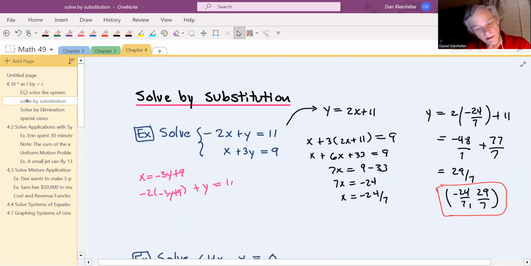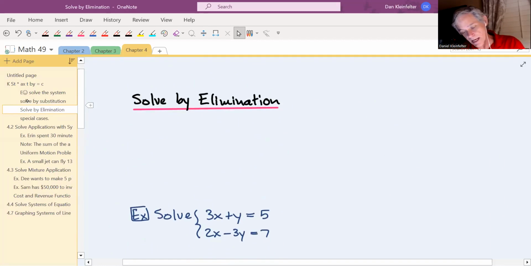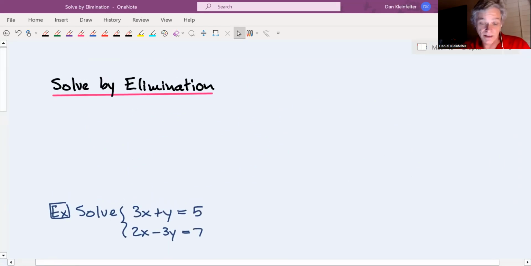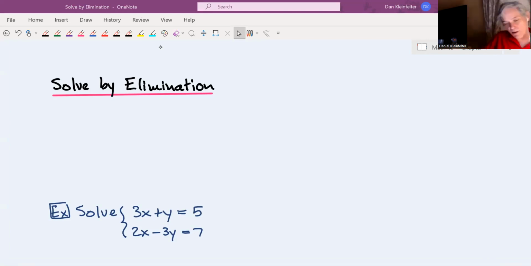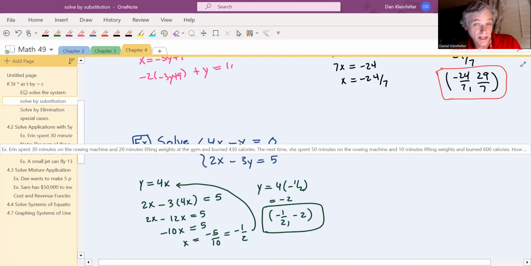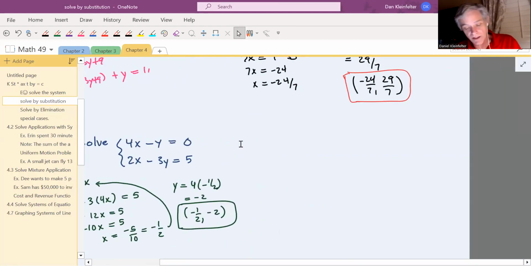Okay, next up, we want to take a look at solutions by elimination. So first of all, why is it that we need two methods? While you could technically do any problem with either method, sometimes some problems are just easier done with one method or the other. In the last example we did, it was not too bad because the first equation had a coefficient of negative 1 in front of it.